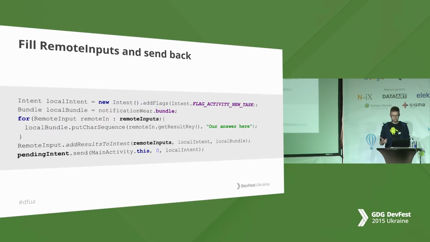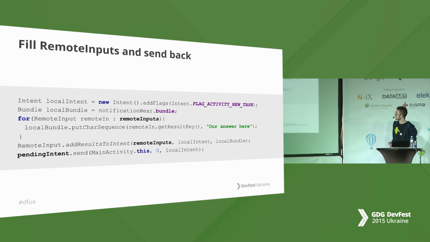Remote input, basically it's a bundle with the key that a developer asks, this is the key that I expect the answer from the user. Basically, if you add the remote input to the variable extender, you can speak to your watch, for example, and get text back from the user, which is an answer from the user.